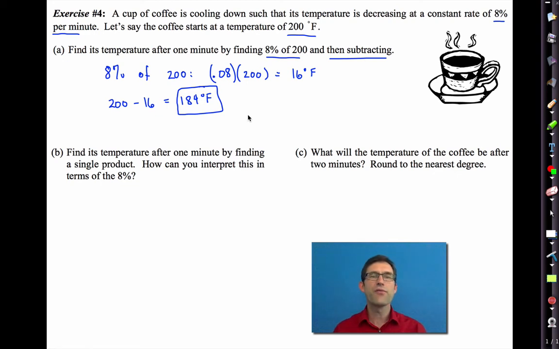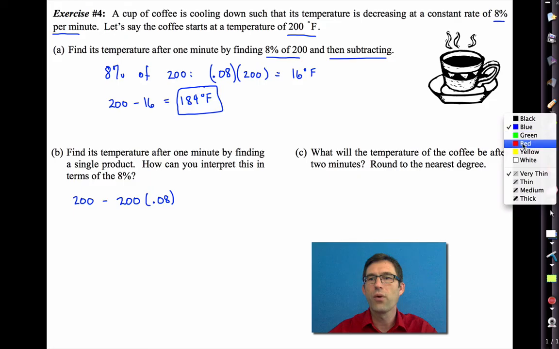But again, just like before, we'd like to avoid having to do the double calculation. So let's do exactly what we did before and figure out what one product we can do to get us that 184. What did we really do? We took our 200 degrees and we subtracted off 200 times 0.08.